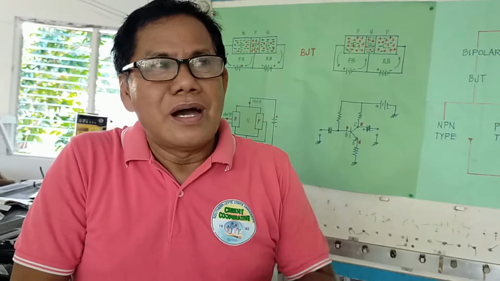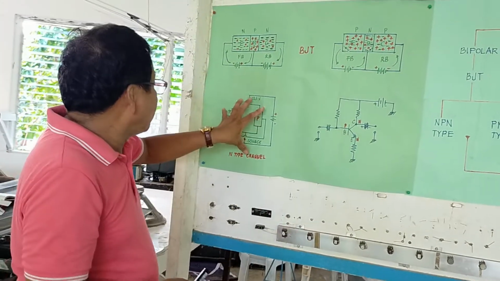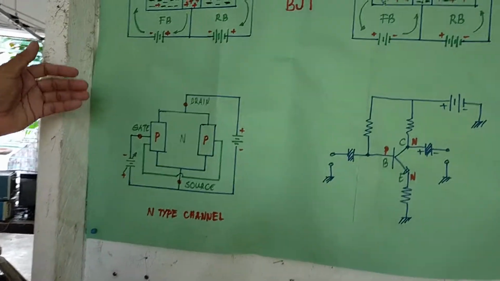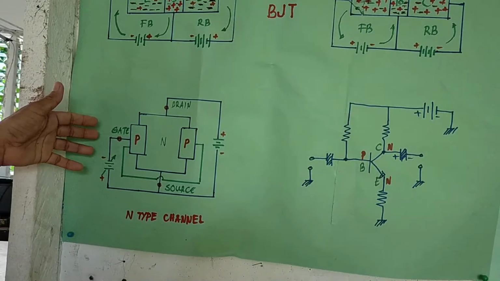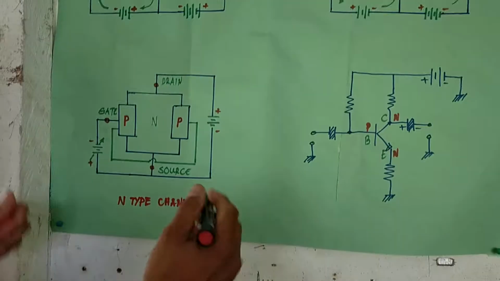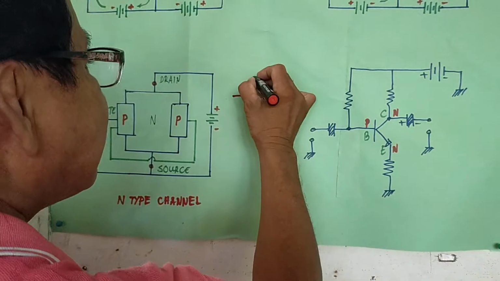Actually, unipolar transistors such as field effect transistors are an advanced version of transistors and they are less noisy. Here we have the figure of the junction field effect transistor. The type is N-channel. N-channel, no? Because it goes like this.